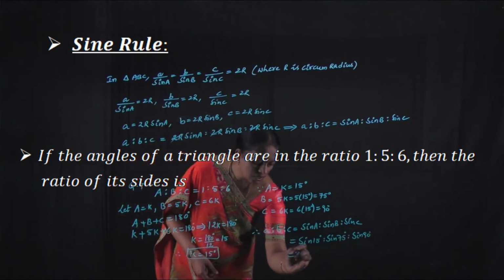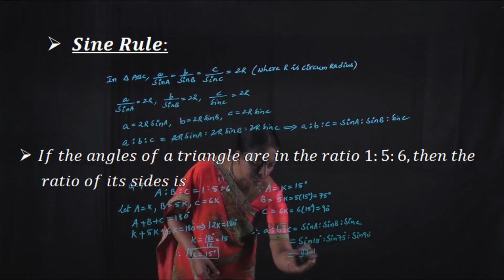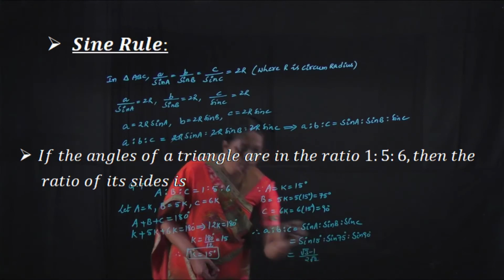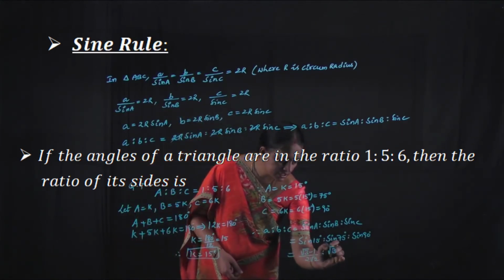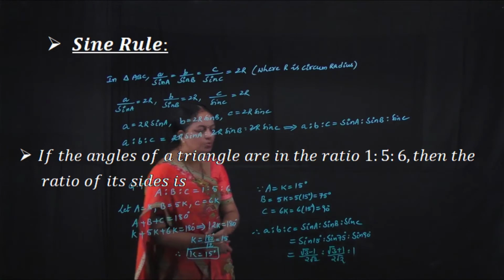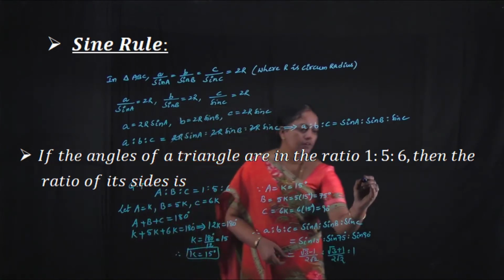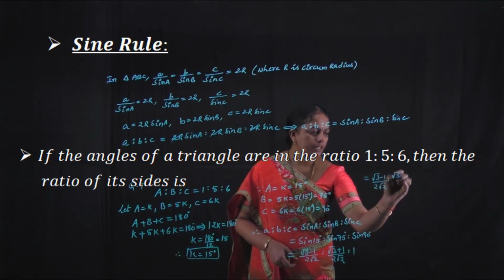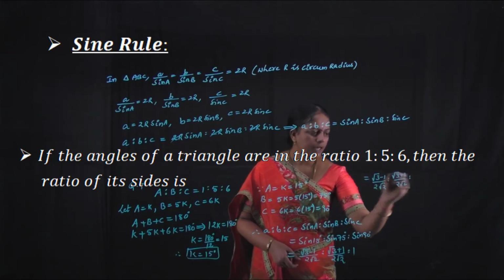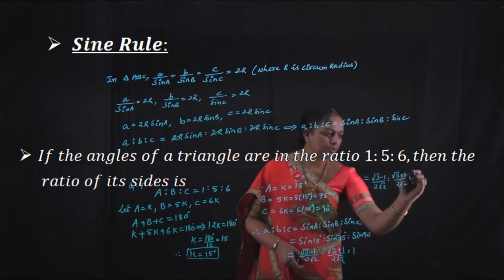And the value of sine 15 degrees is equal to root 3 minus 1 by 2 root 2, and sine 75 means root 3 plus 1 by 2 root 2, and sine 90 means 1. Okay, this is equal to root 3 minus 1 by 2 root 2 is to root 3 plus 1 by 2 root 2 is to, multiplying and dividing 1 with 2 root 2.